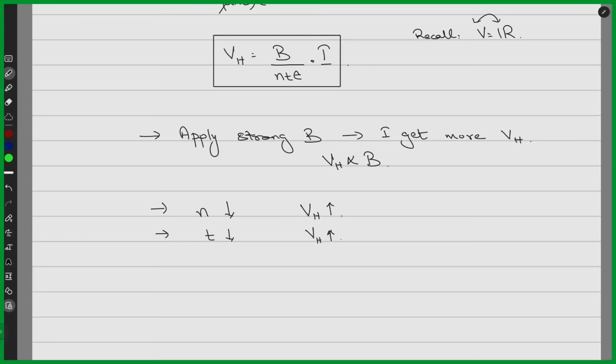In that case, we prefer to use a conductor that has a lower number of electrons and also a thin slice of conductor, so the thickness would be less. Having these conditions met, you will be able to measure the Hall's voltage. Otherwise, it would be really small. We might not be able to measure it, right?